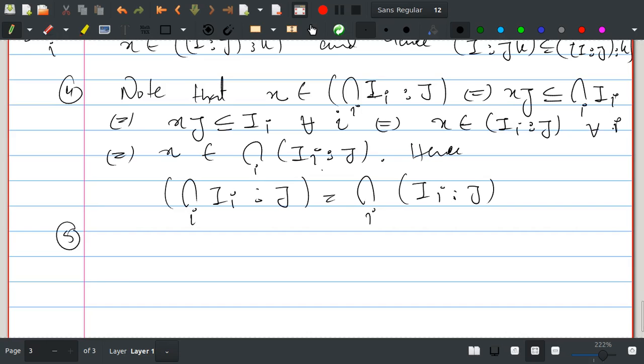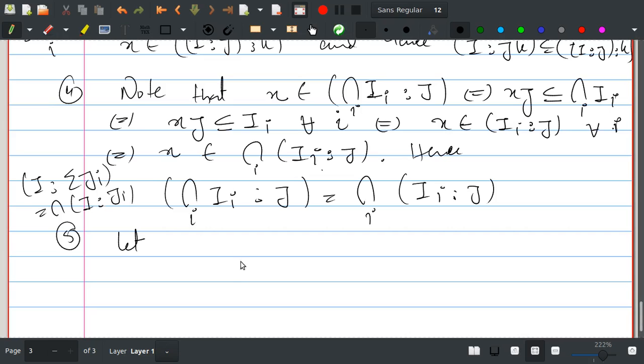So finally we have the fifth item. Here we have to prove that I : (sum of ideals J_i) is actually the intersection of I : J_i. So let x belong to I : sum of these J_i, where the sum runs over i.